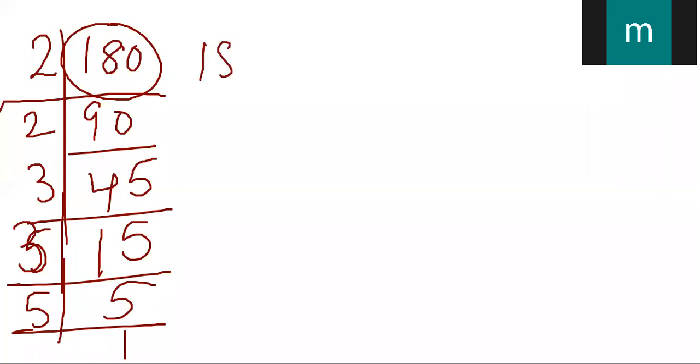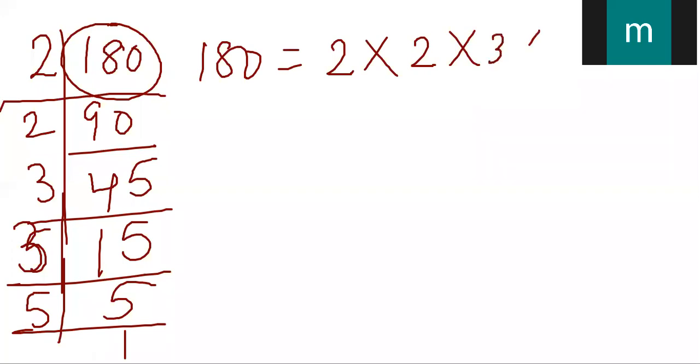So we can write down 180 as 2 into 2 into 3 into 3 into 5, right? Yes, you are giving the right answer. 5 is alone here. One more 5 should be here to make it a perfect square. To make a square number, you should have pairs. We will multiply by 5.